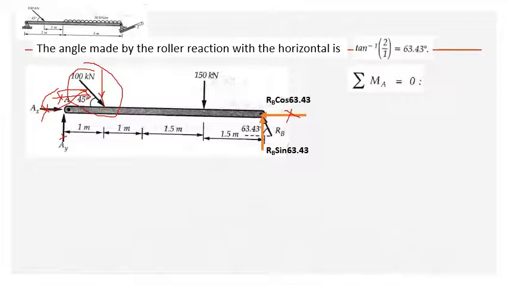Next is the force 150, only two external forces, 150 into 3.5. Next is the vertical component of RB, that is RB sin 63.43 into 5. So these are all the moments.